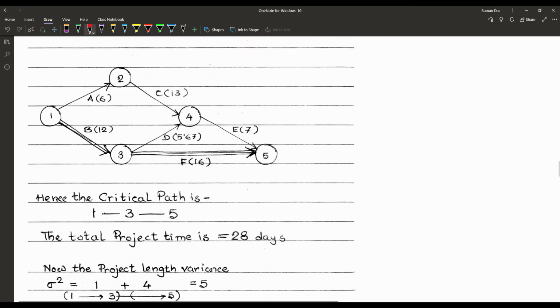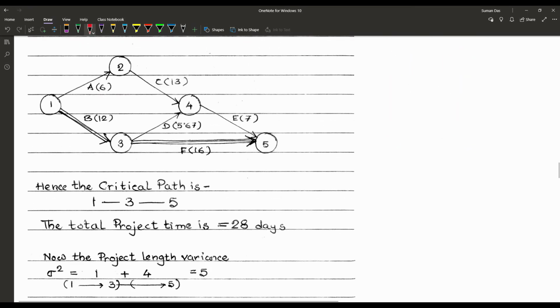We are just using the double line. Here we are drawing the critical path, and here I am using the red color line.